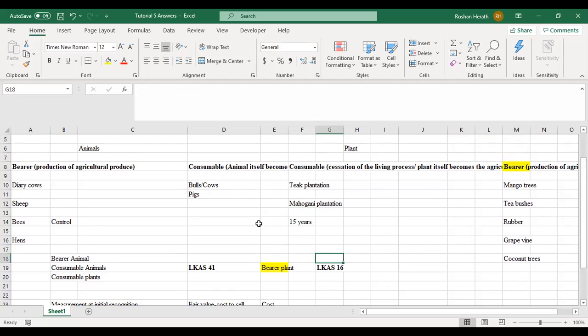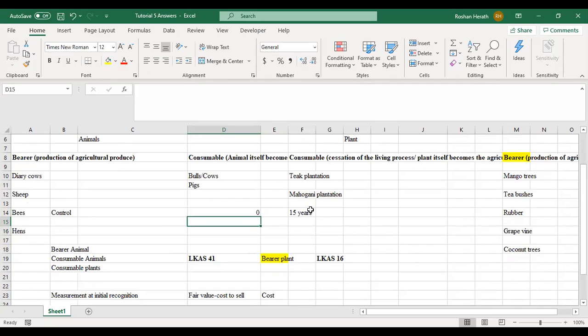Then if you are in year 0 or today, and you want to measure them at the initial recognition, which is at the fair value less cost to sell, what you can do is forecast your cash flows in 15 years. Say that you are going to sell these trees for some value, say 5 lakhs or whatever, and get a proper discount rate and get them discounted and establish the value today. And that is the value of your mahogany trees.